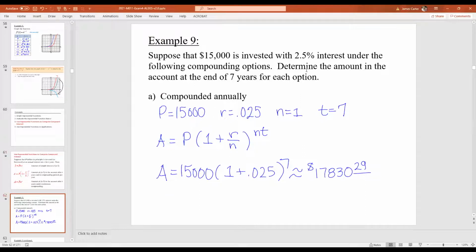So let's look at this example. 15,000, that's your P value, your principal, the amount you borrowed or the amount you invested. The interest rate you have to change to a decimal. Now, here are the compounding options.